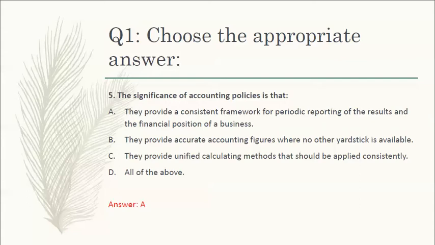Choice C, they provide unified calculating methods that should be applied consistently. Choice D, all of the above. So, the answer here is A. The significance of the accounting policies is that they provide a consistent framework for periodic reporting of the results and the financial position of a business. Next question.